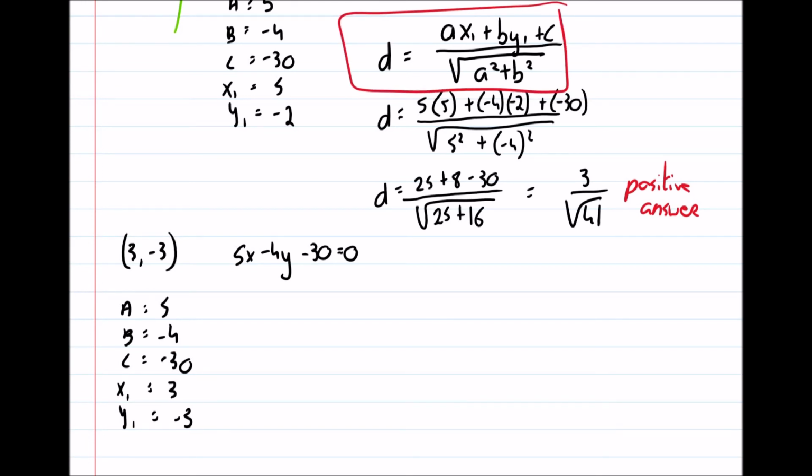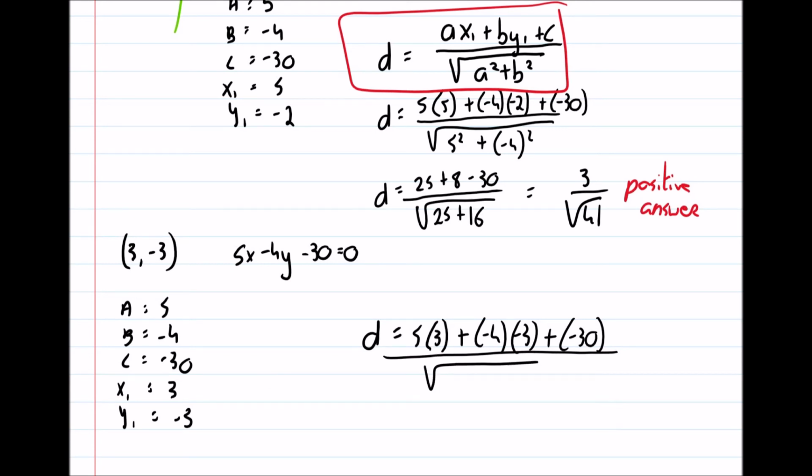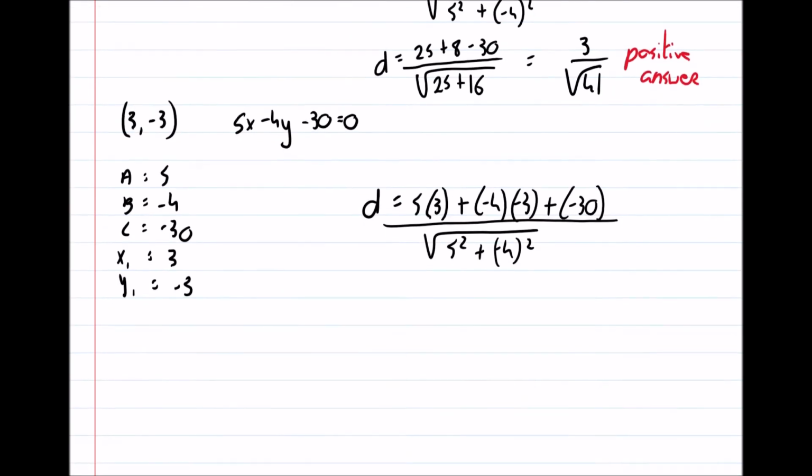So we have D equals 5 multiplied by 3 plus minus 4 multiplied by minus 3 plus minus 30. That's all over the square root of 5 squared plus minus 4 squared.